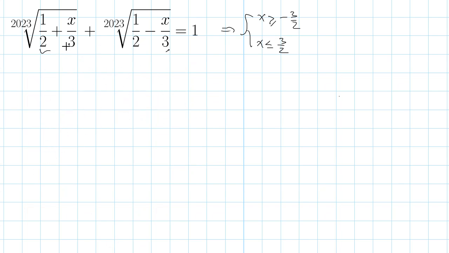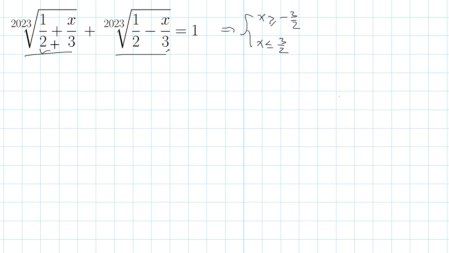So guys, first of all, if this plus this is equal to 1, you have to agree with me that I'm going to have two conditions: either this one is 0 and this one is 1, or this one is 1 and the other is 0.